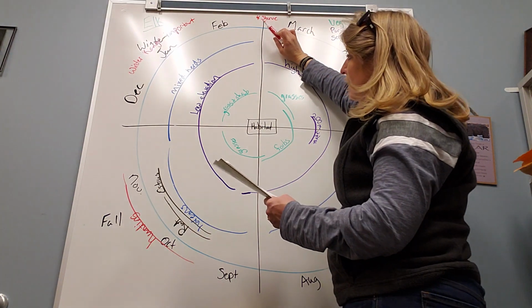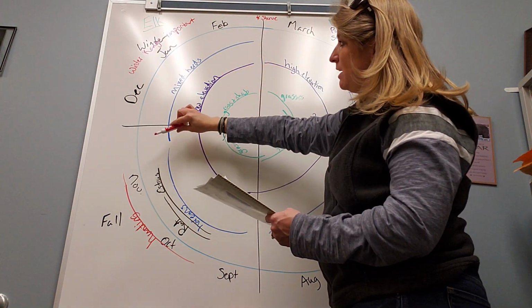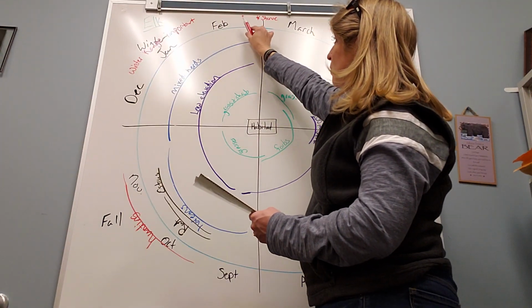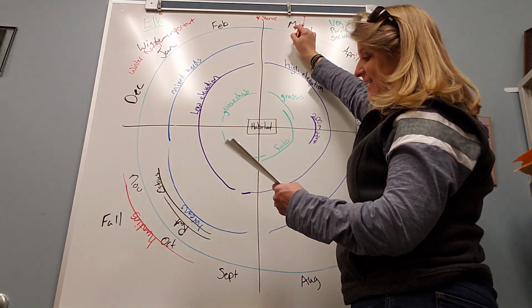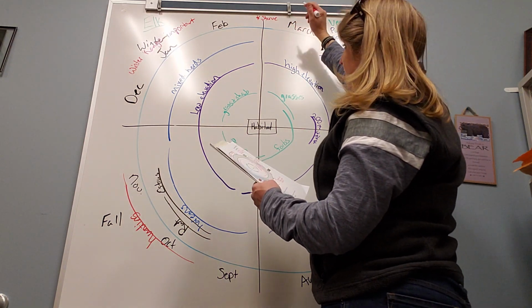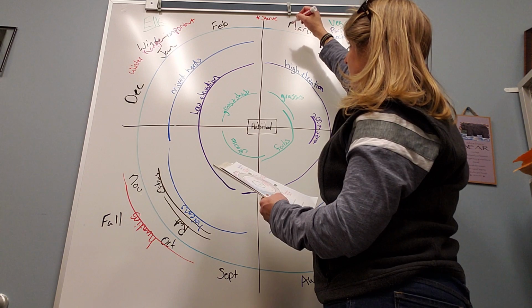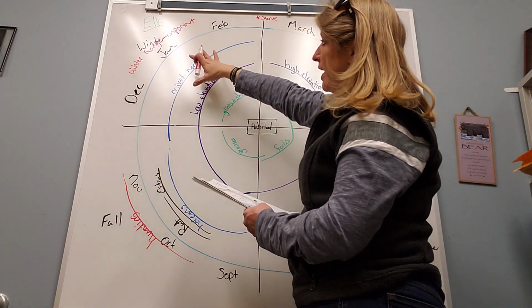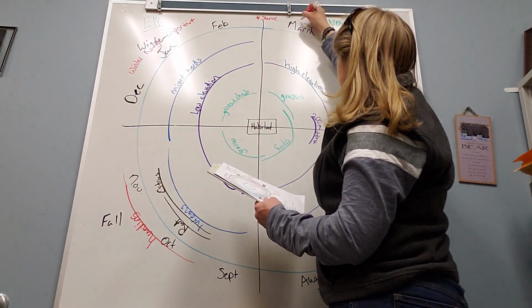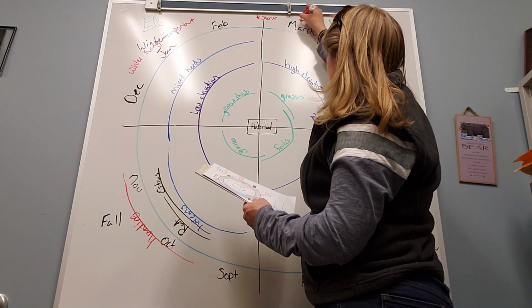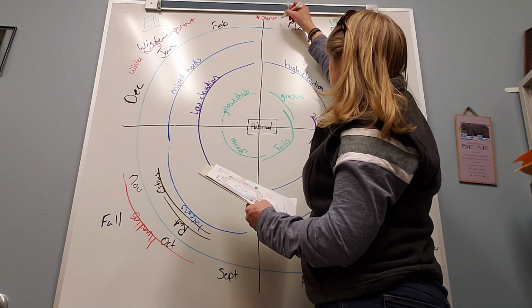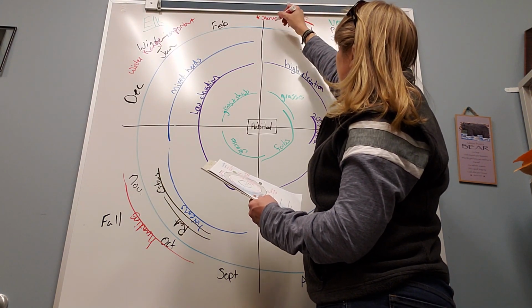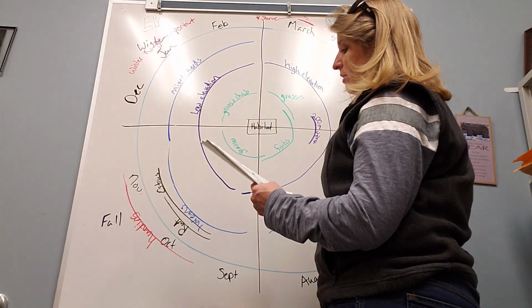Now, especially your younger animals, they may actually make it through the winter. But if they don't have good fat storage, or winter range was really tough, you do get periods of mortality here into March. So I'm going to say starve kind of through that period here.